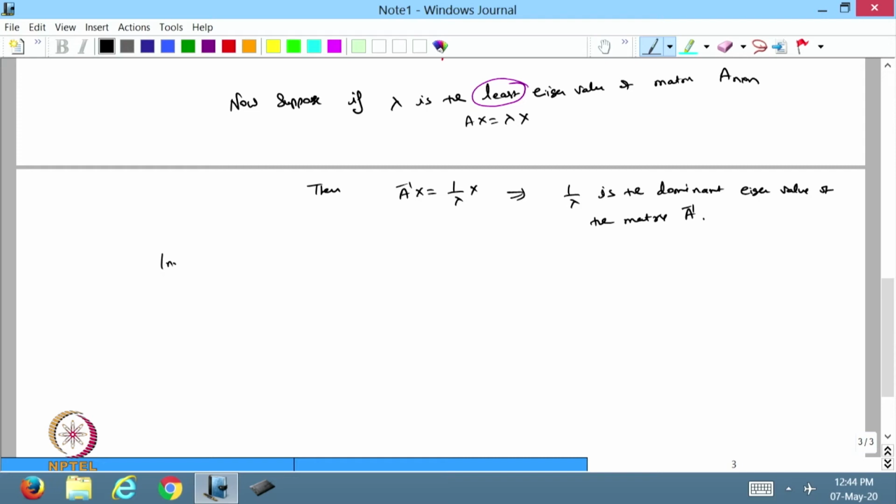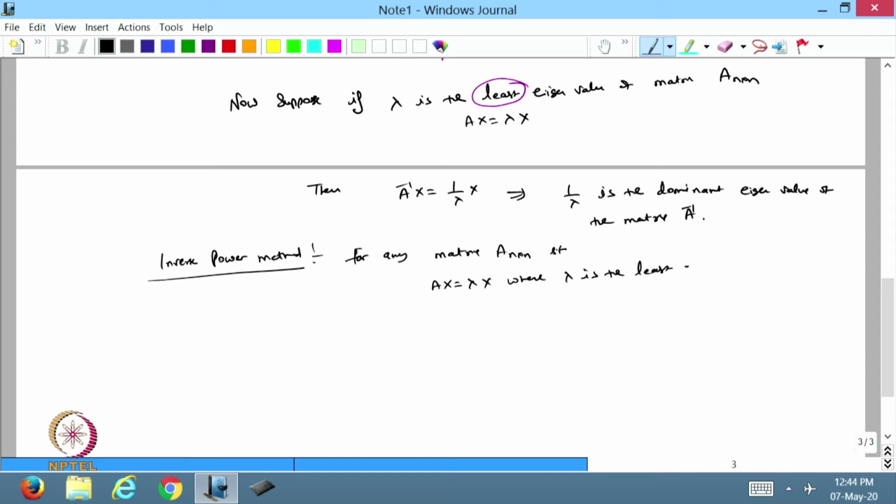So, what is the inverse power method? Inverse power method is that for any matrix A, that is n cross n, such that A x is equal to lambda x, where lambda is the least eigenvalue in magnitude of matrix A, then applying the power method to A inverse is called the inverse power method.